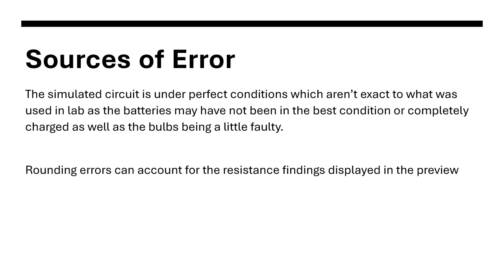And another thing too, the batteries used in lab may not have been in the best condition. They may have been used for many years and may not have been charged as well. Or maybe the wires and bulbs were a little faulty as well. But those are just some errors.